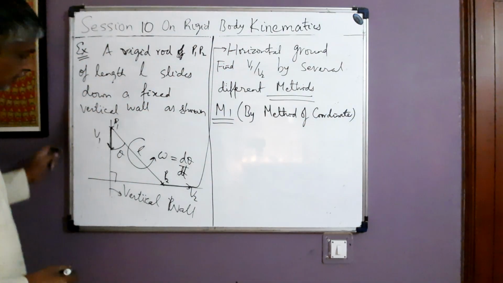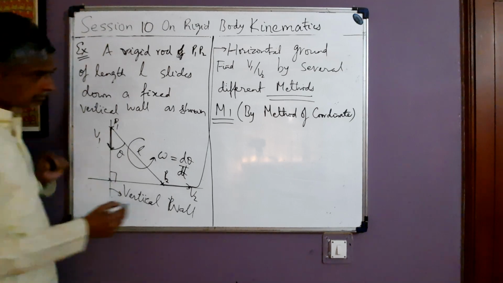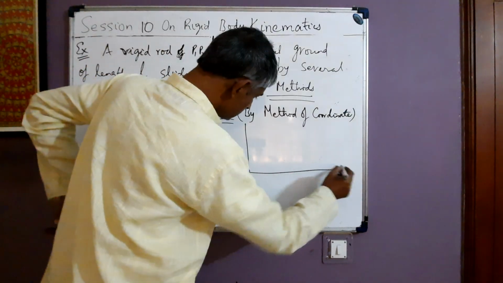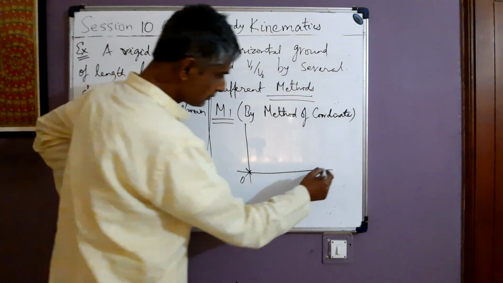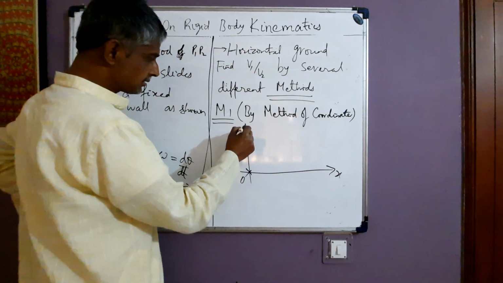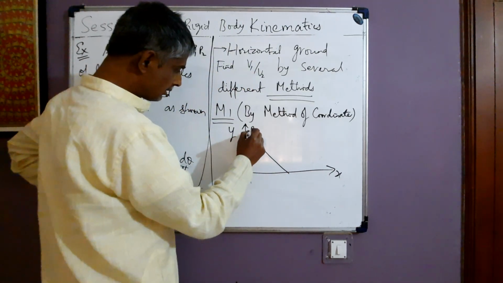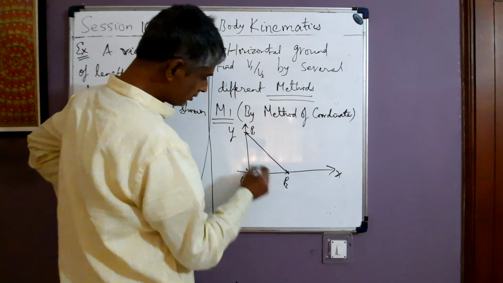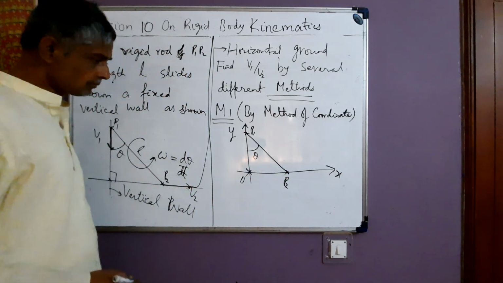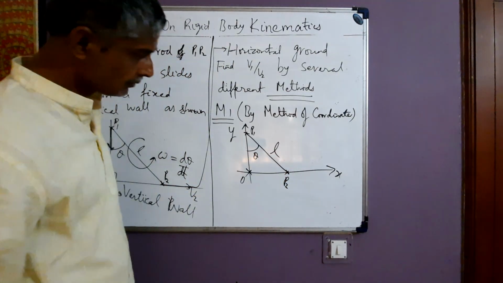So in this method we set up a convenient coordinate system. Suppose we take this to be the origin, the rightward horizontal to be the x-axis, and the upward vertical to be the y-axis. This is the rod, this is P1, this is P2, this is angle theta, and this is length L.